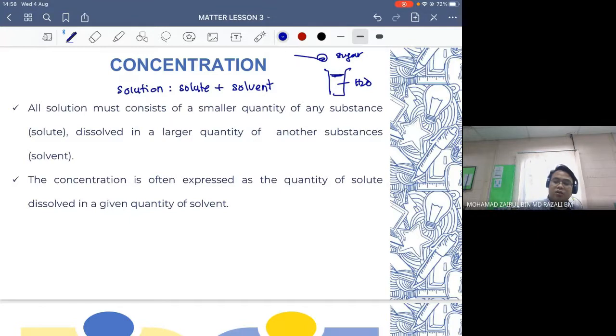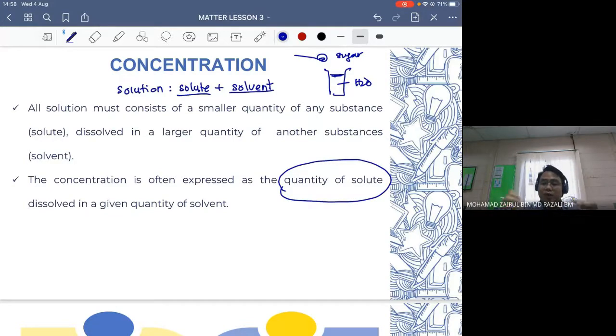Okay. So a solution must consist of solute and solvent, and the concentration of the solution is often expressed as quantity of solute. So the quantity can be either number of mole, can be either mass, can be either volume. Tak kisahlah, mole boleh, mass boleh, volume.